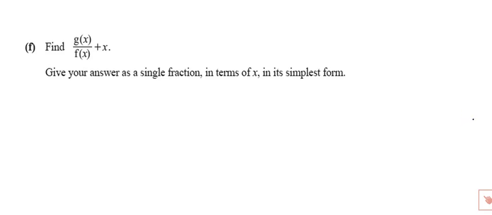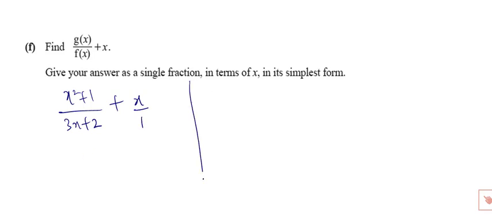Question F. We have to find g of x divided by f of x plus x. So g of x is x squared plus 1 divided by 3x plus 2, which is our f of x, plus x. So we try to simplify this, writing it as a single fraction. Remember, x is divided by 1.